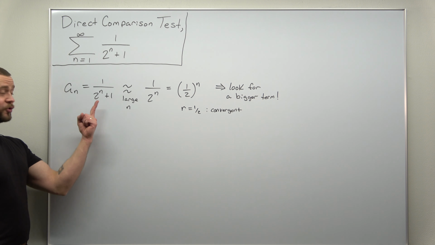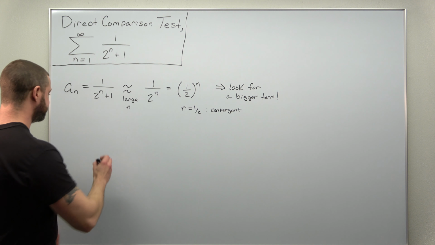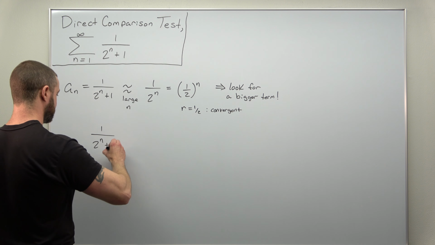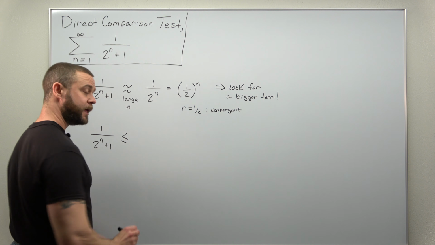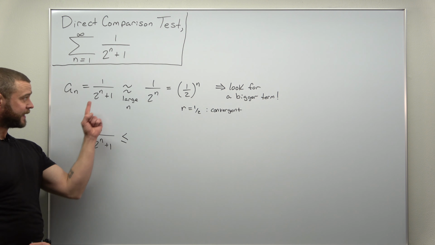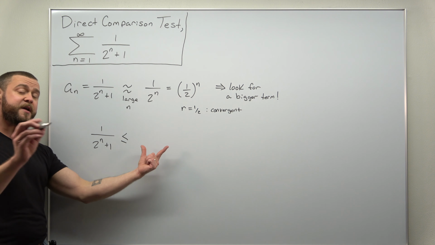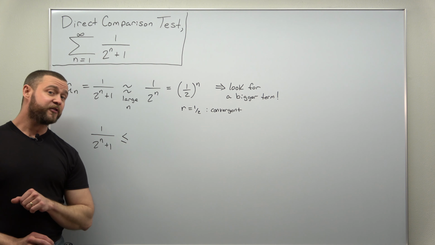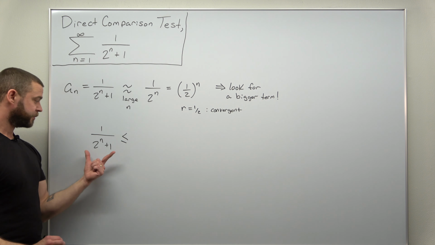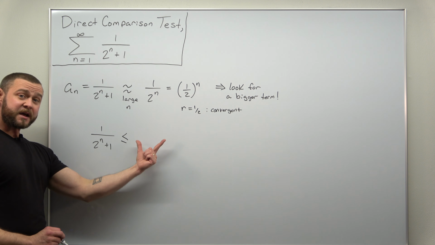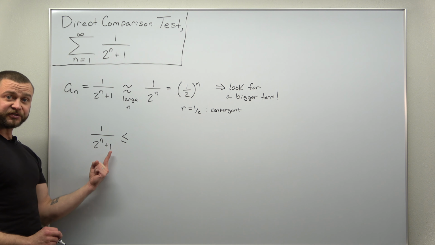All right, so let's go back to our infinite series term, a sub n. And again, because we suspect that our infinite series is convergent, we're going to look for a bigger infinite series that we know for sure converges. Now, since we're working with a fraction, we can get a bigger fraction by making the denominator smaller.